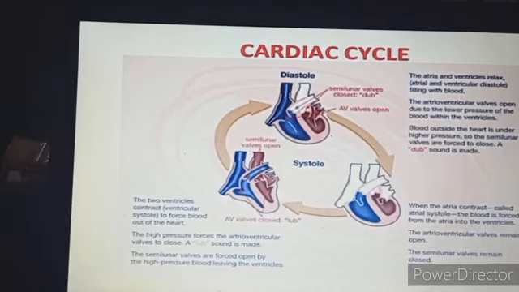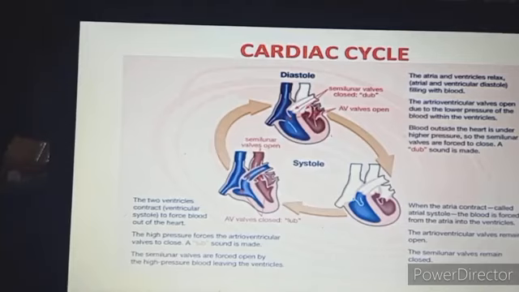The blood from the pulmonary vein and the vena cava will be poured into the auricles. So this continuous contraction and relaxation takes place. Contraction of the heart is called systole and relaxation of the heart is known as diastole.